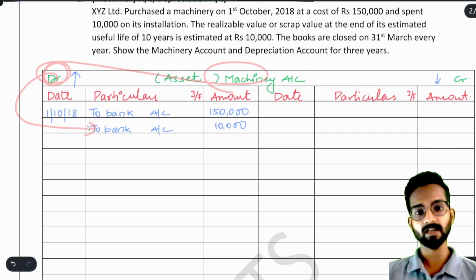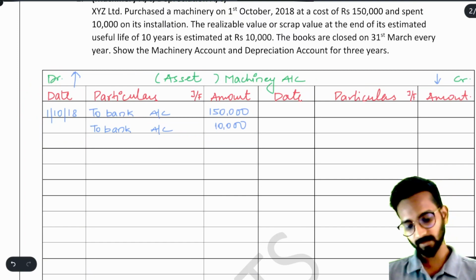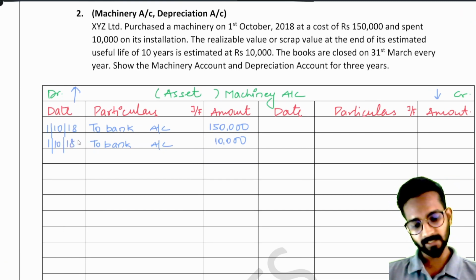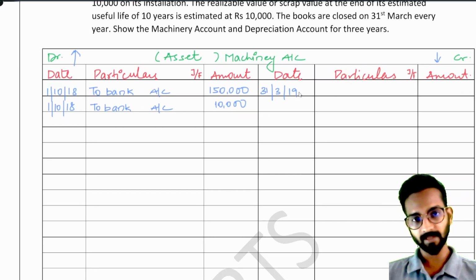This is how the journal entry is formed through the ledger. Then you can pass it here also, the date 1st October 2018. Then they are saying the books are closed on 31st March every year. So you will write here 31st March 2019. Be very careful.